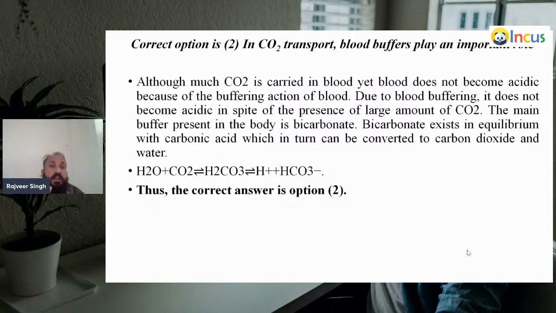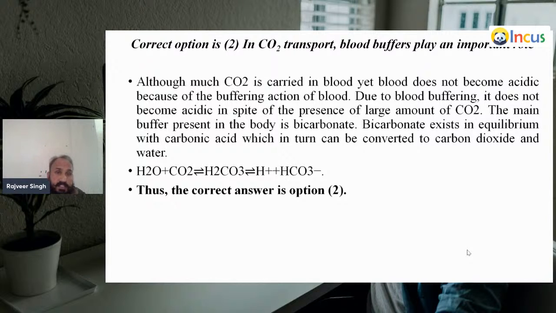If I explain this option, I would like to say in favor of the second option, although much CO2 is carried in blood, yet blood does not become acidic because of the buffering action of the blood. Due to blood buffering, it does not become acidic in spite of the presence of a large amount of CO2.